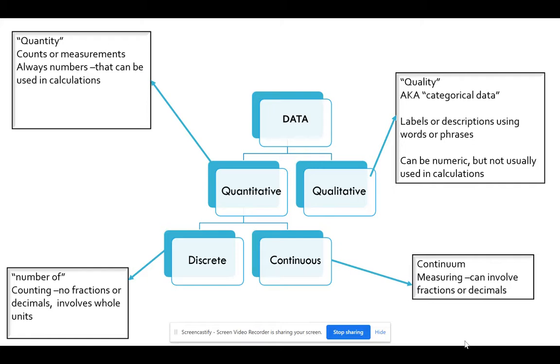So anytime you're measuring things like height, weight, and so forth, that is considered continuous. So data can be classified by type, either as qualitative, quantitative discrete, or quantitative continuous. Those are your three choices.